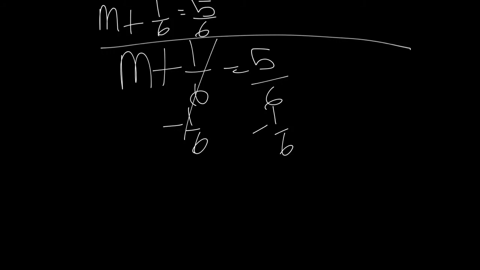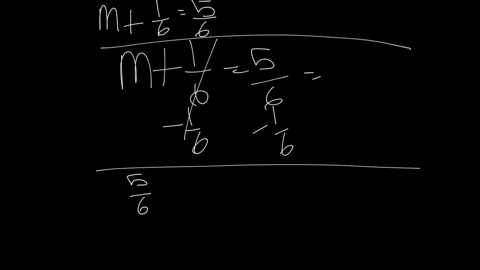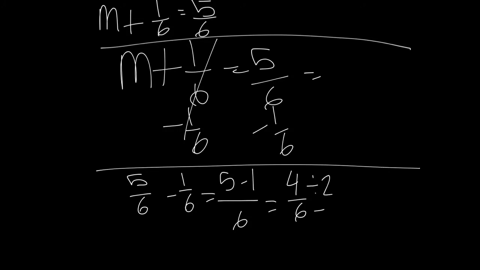So then you would do equals 5/6 minus 1/6. 5 minus 1, and the denominator stays the same. 5 minus 1 is 4 over 6, and you can divide that by 2, and it equals 2 over 3.